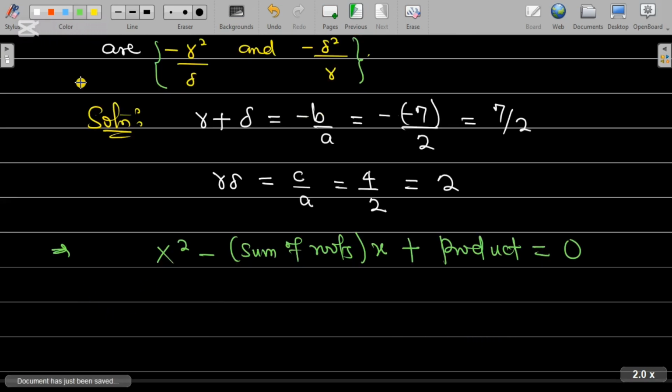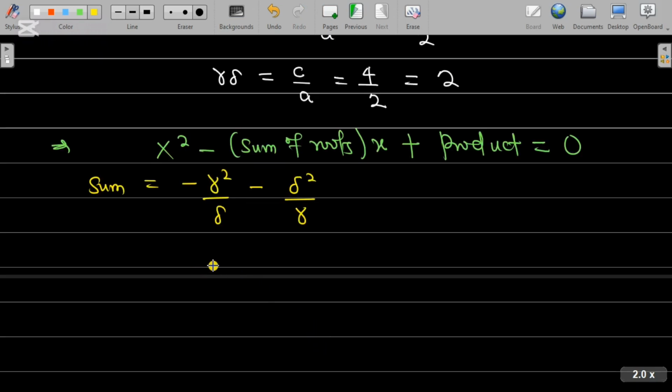Okay, so if we start doing that, our sum now is going to be equal to minus gamma squared over delta, plus this other one, which will still be minus delta squared over gamma. So we need to get the sum of this.